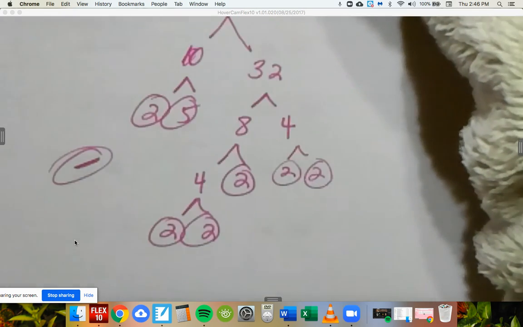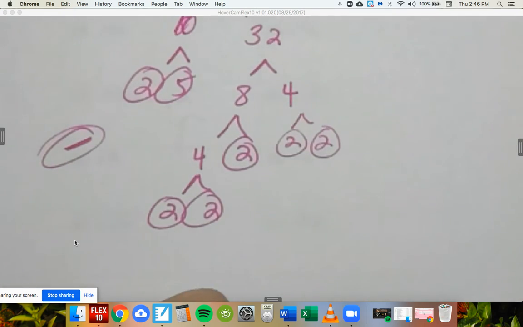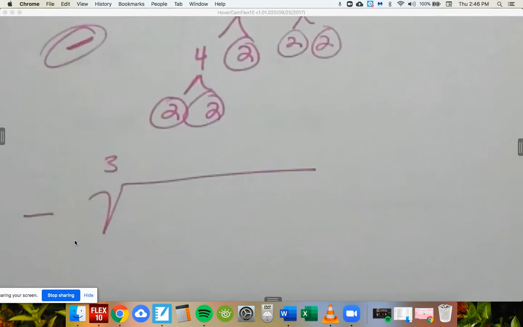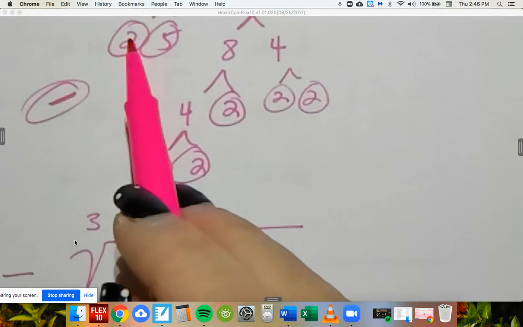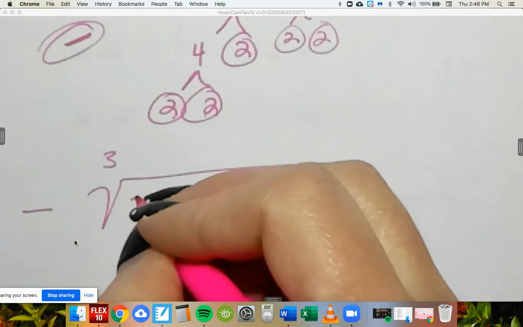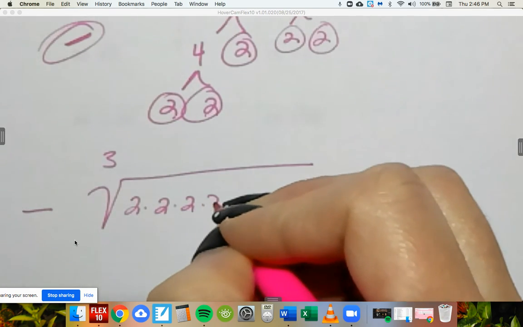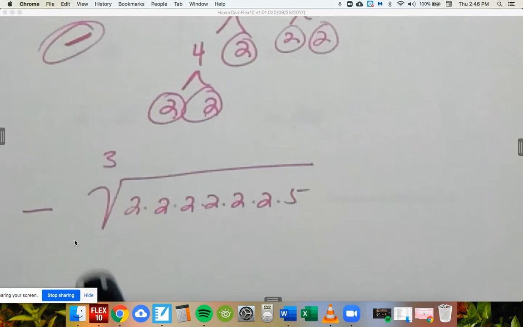So now I'm going to list all these factors. I know you can't really see, gosh darn. I have 1, 2, 3, 4, 5, 6 2s and a 5. And because it's cube root, I'm looking for triplets.